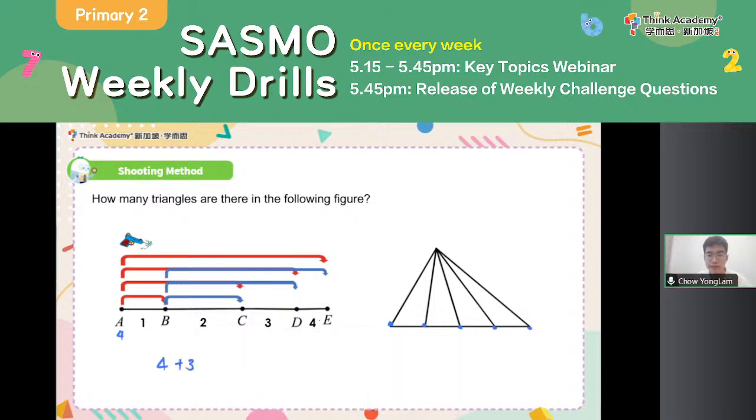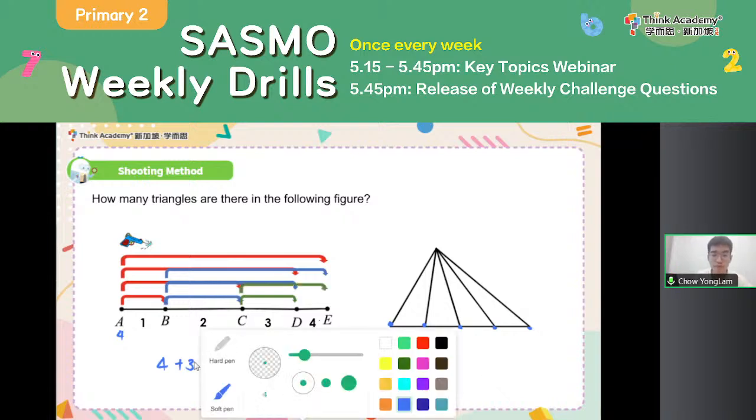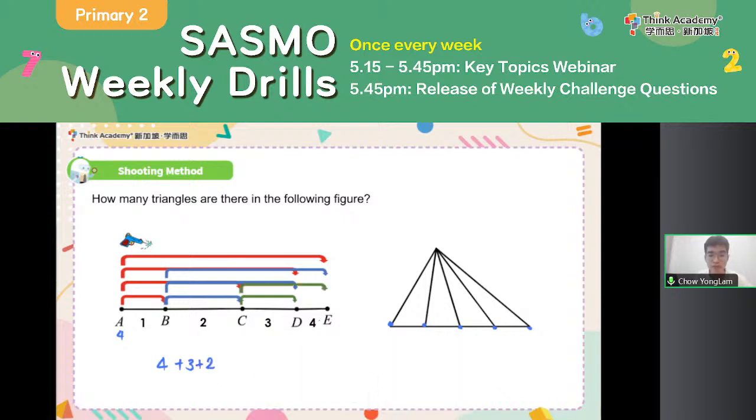And if I stand at C, again I shoot towards the right. How many different targets can I shoot at? 1, 2. 2 different targets, right? So 4 plus 3 plus 2. But finally, don't forget, I can still stand at D. If I stand at D, I can just shoot to E, forming another line segment. So that will give me 10 line segments.